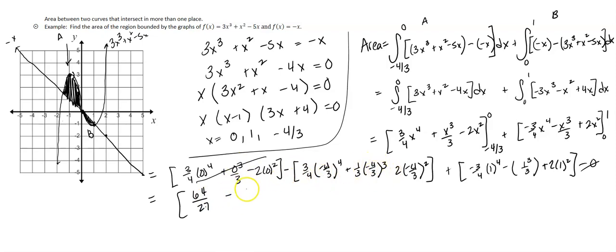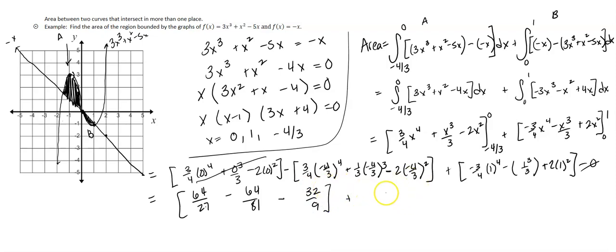Here I'm going to get minus 64 over 81, and I'll have, this was a minus, that got lost in translation. Here I'm going to have minus 32 over 9 when I square all of that.